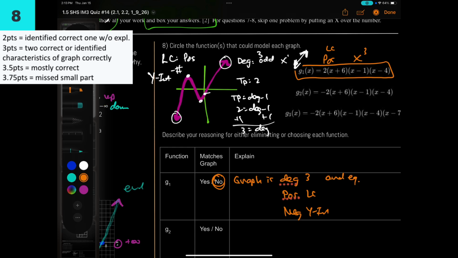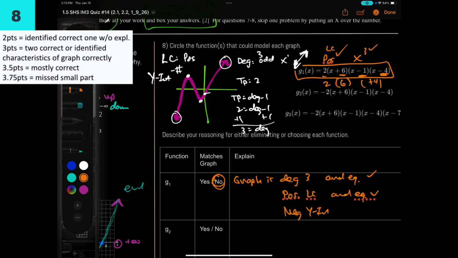and equation, so we have a third degree that matches, so that's good. Positive leading coefficient, that's good. Okay, this is where it's bad, and I'll show you why. -4 times -1 is a positive 4 times a positive 6 times a 2.